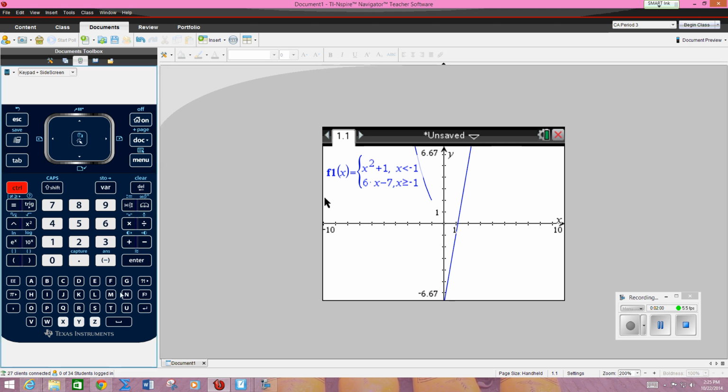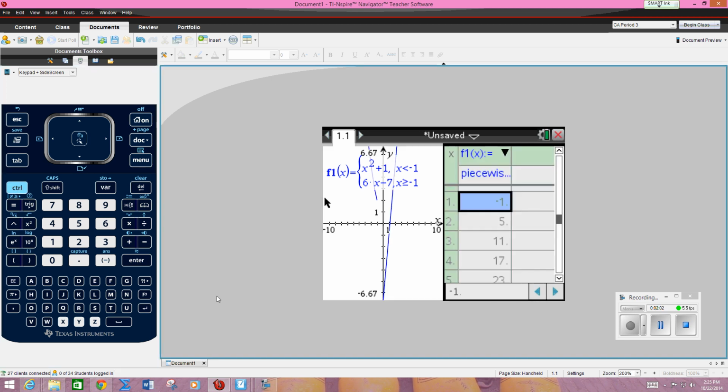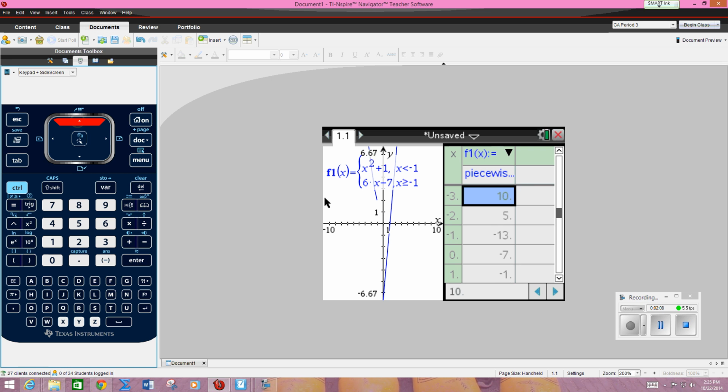and so all I'm going to do is Control T. And I have to get some negative values, so I just want to make sure that I go up. And so at -3, I have 10. At -2, I have 5. At -1, I have -13, and at 0, I have -7, and at 1, I have -1.